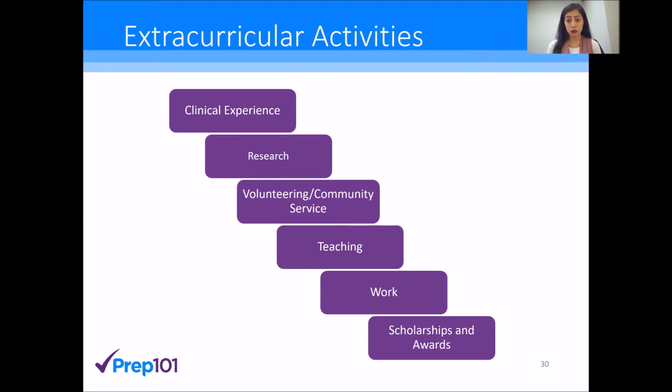What sets you apart from everyone else? To do this, they look at what you've been involved in the last X number of years. They take into consideration the nature and the depth of the extracurricular activities that you've been involved in. And I want you guys to know that it is a significant factor in your admissibility to medical school.